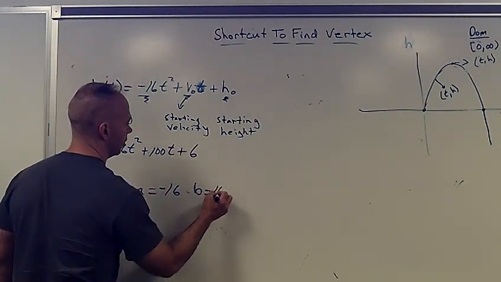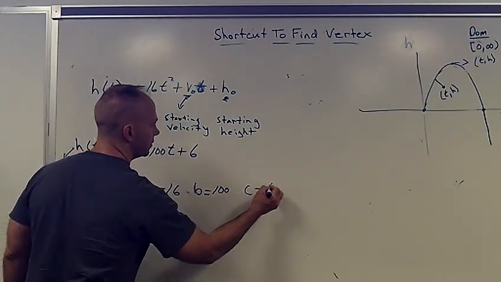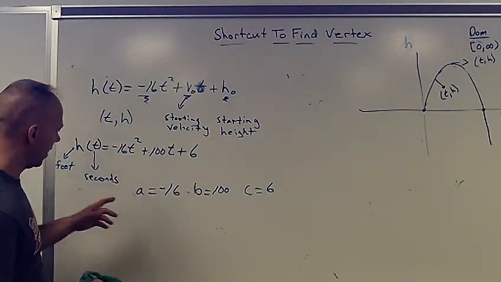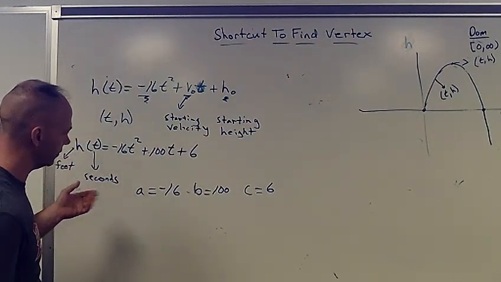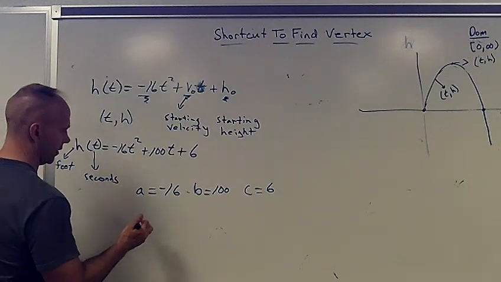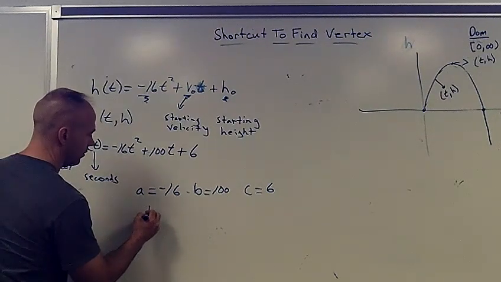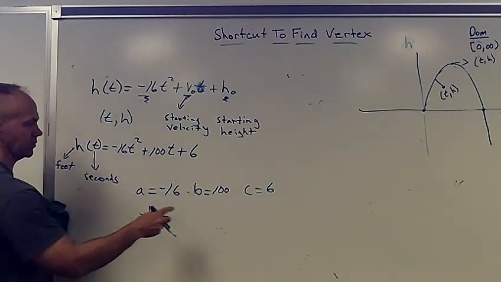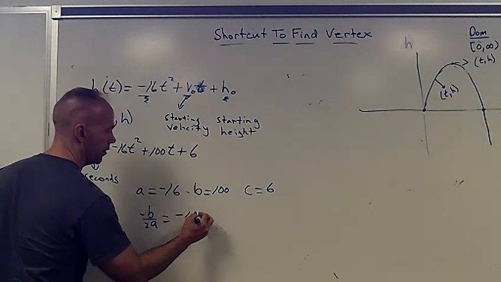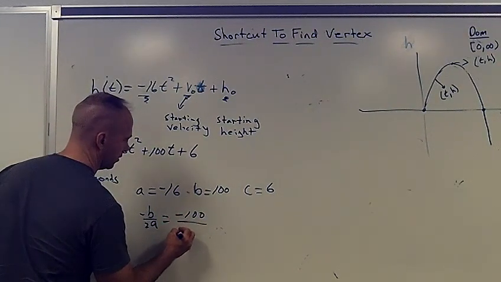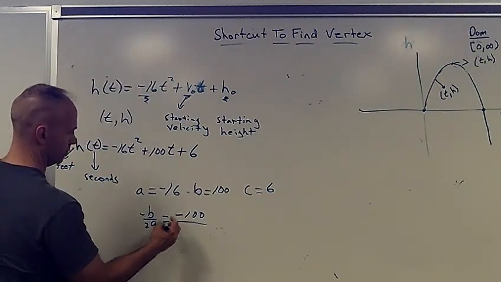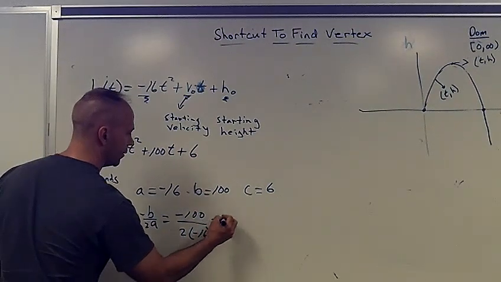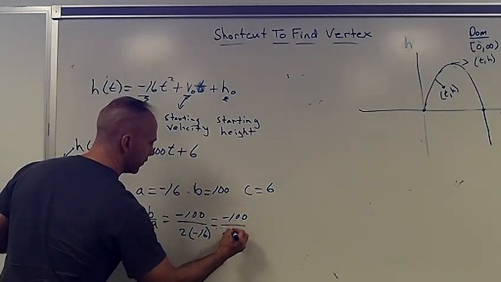B is 100. C is 6. So I hate to use h, k because I'm using h for something else. So I'm just going to write negative b over 2a, which is negative 100 over 2 times negative 16. I get negative 100 over negative 32.